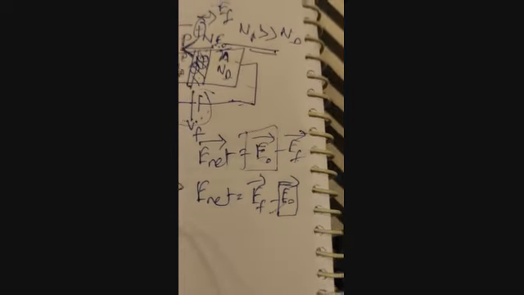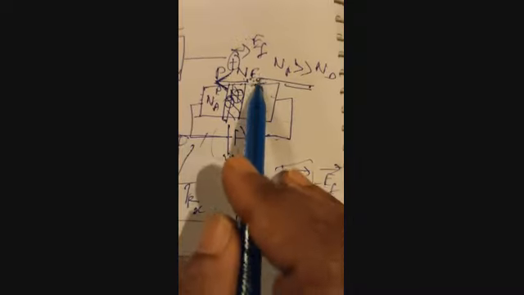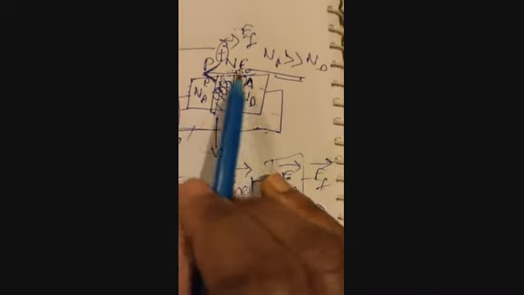This is the maximum voltage which the diode can withstand, and this situation should never occur. Whatever voltage I have applied, the net electric field is still in the negative direction, so it opposes the transformation.